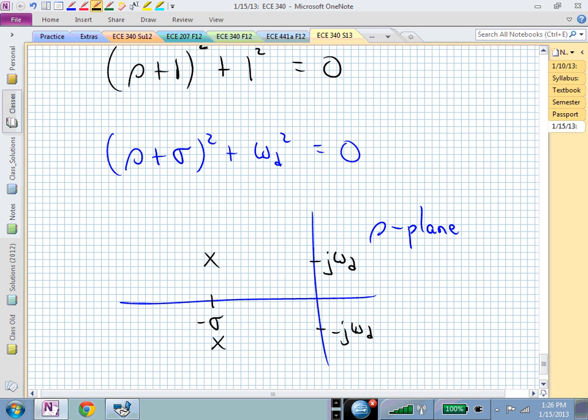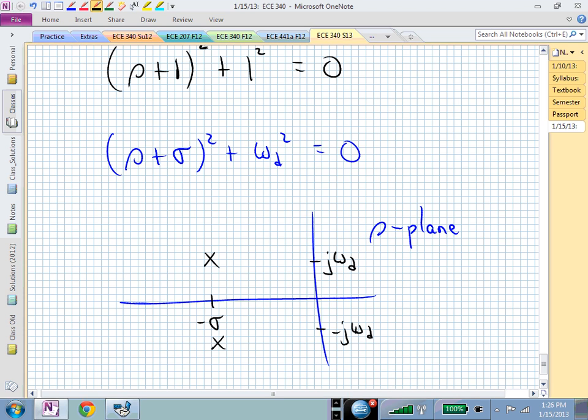And in our case, this sigma was 1, and this omega sub d was 1, meaning this vertical distance was the same as the horizontal distance. And it's now at an angle of 45 degrees relative to the negative left half plane. And they were negative. It's in the left side of the complex S-plane. That's a good location for those pole values.